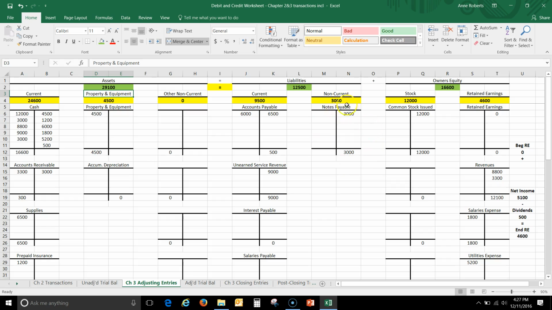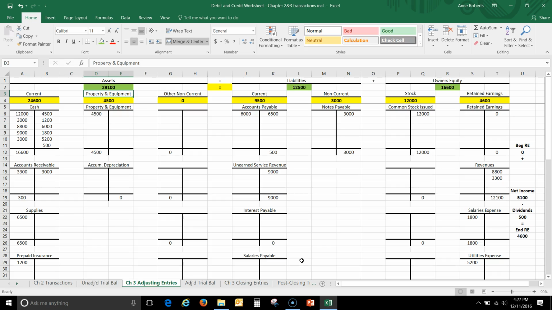So that notes payable, the interest has to be accrued, so we increase the liability for the interest payable, and we increase interest expense. Same thing with salaries payable. You've experienced this from an employee standpoint, but generally the idea is that maybe our payroll period runs from Sunday to Saturday, and then we don't get paid until the following Friday.